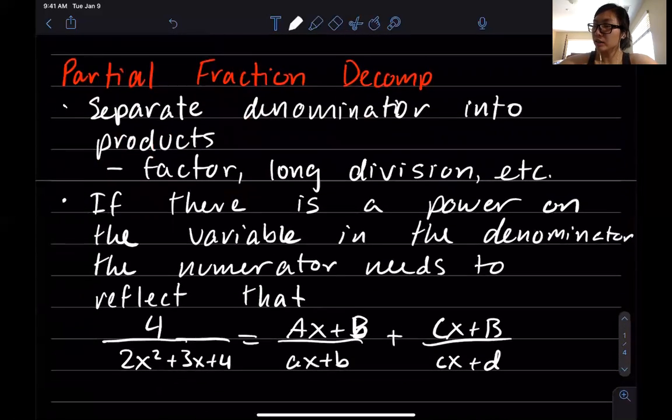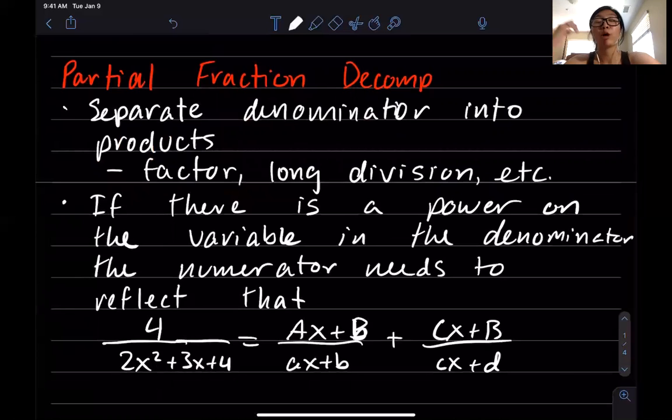And then next, partial fraction decompositions. Remember that's when we have an integral of a rational function, or just a fraction. Basically what we want to do is separate the denominator, and we can do that with factoring or long division. Your unknowns are going to be your numerators.